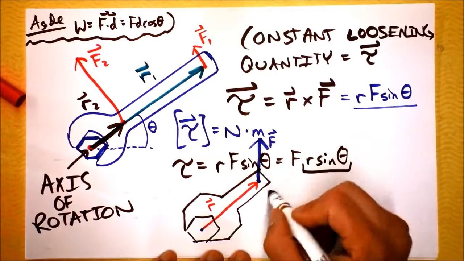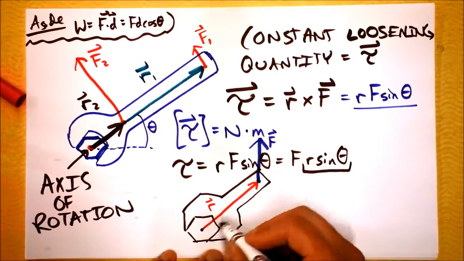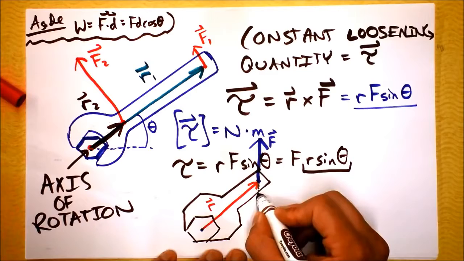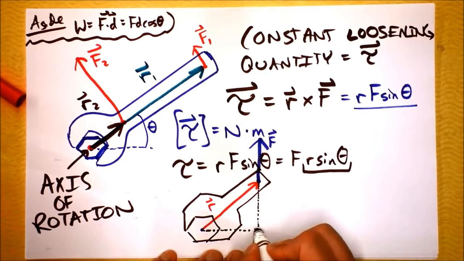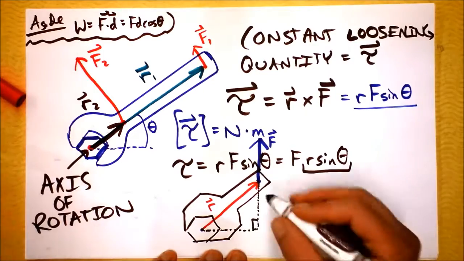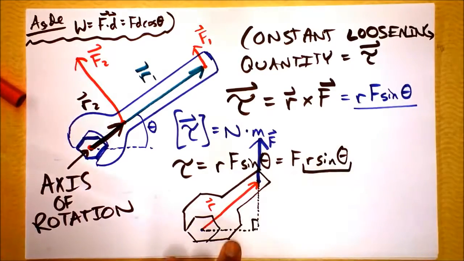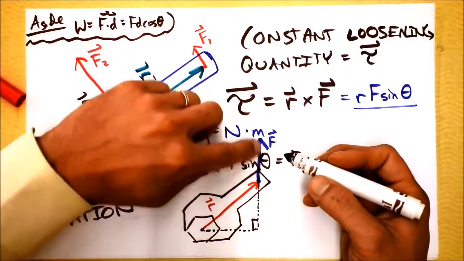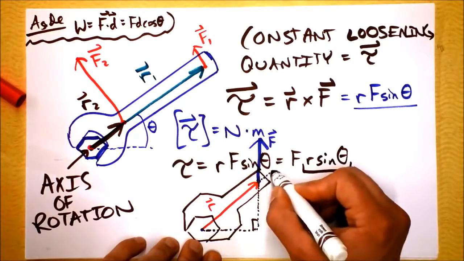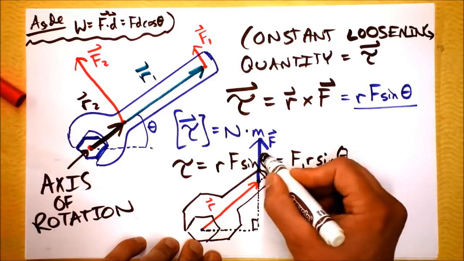Notice that if I want to find how much R is in the direction of the force, I put some dotted lines down here, and I say, well, the angle theta is the angle between F and R. So here's theta right here. Oh, look, it's already labeled.